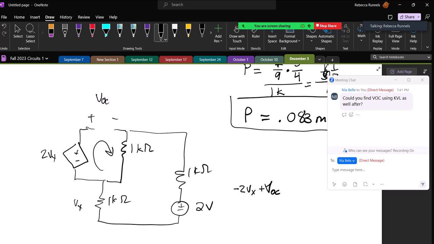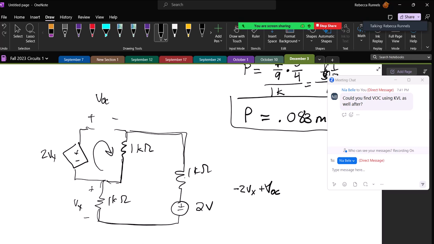What I'm going to do here is say that because all of my current is flowing through this part right here, my voltage drop across each of these resistors has to be the same. It has to be Vx for each of them.